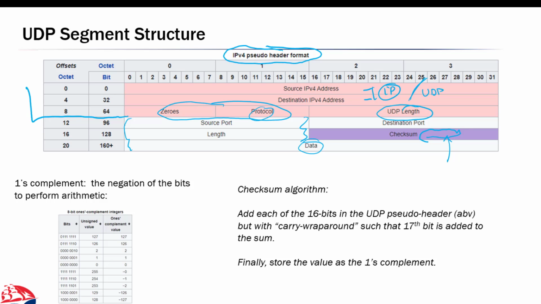What we're going to do is add up 16 bits at a time. And as we get carry, we're going to wrap the carry around so that a carry bit in the 17th position gets added into the next addition.